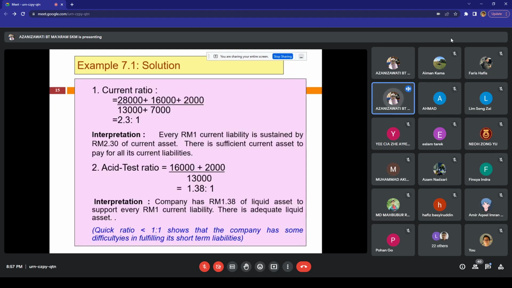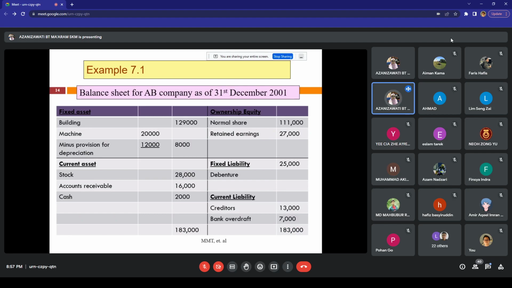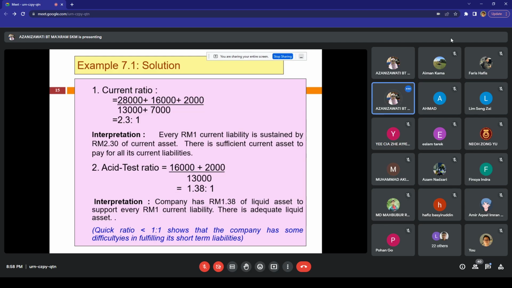Okay, divide by 13,000, which is creditors, because this is based on the cash that they have. Okay, account receivable, that is the cash money, and then you add with the cash that you have, and then divide by 13,000. So the acid test ratio is 1.38 ratio to 1.